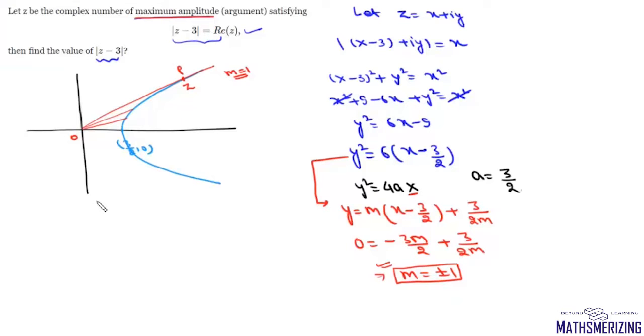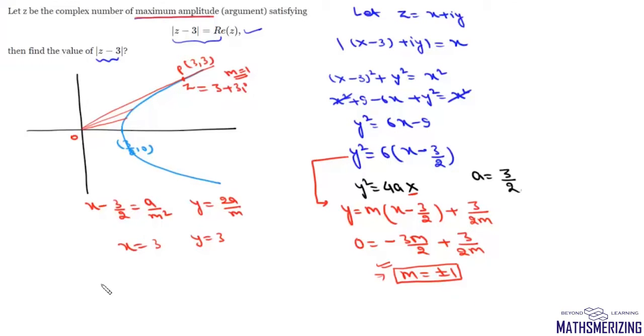Now x in this case is x minus 3 by 2 and it should be equal to a by m square, and then y equals 2a by m. Now we'll put the value of a and m. Now a is 3 by 2 and m is 1. So we'll get x as 3 and y as 3. So this point P, its coordinate will be 3 comma 3 and this z is 3 plus 3 iota.